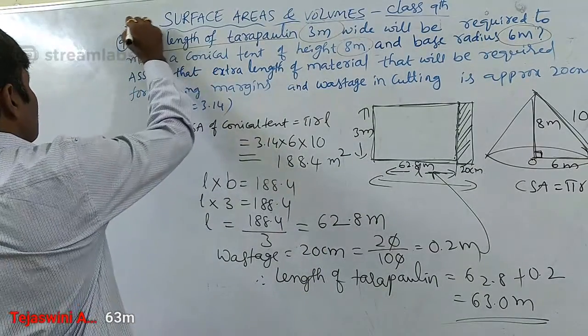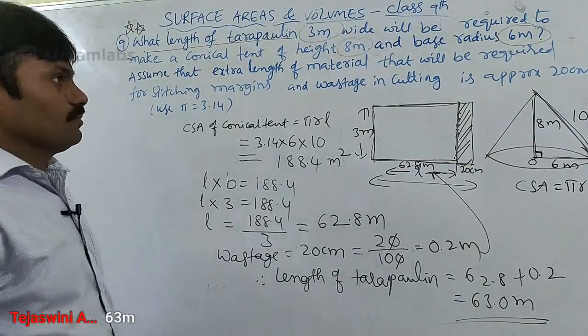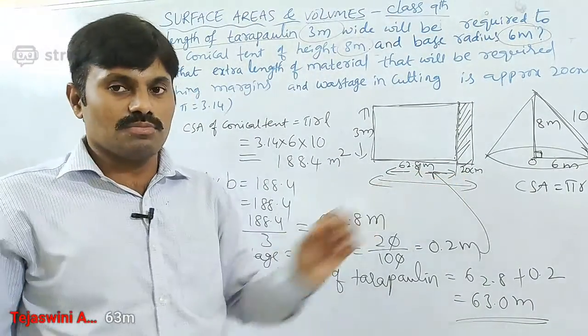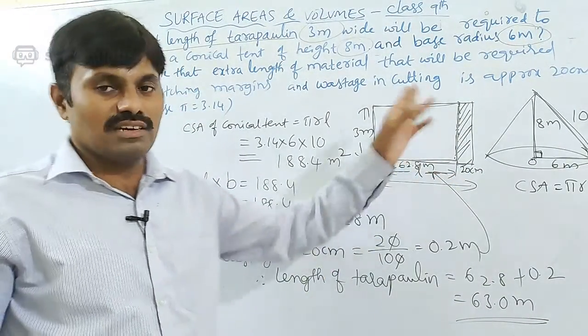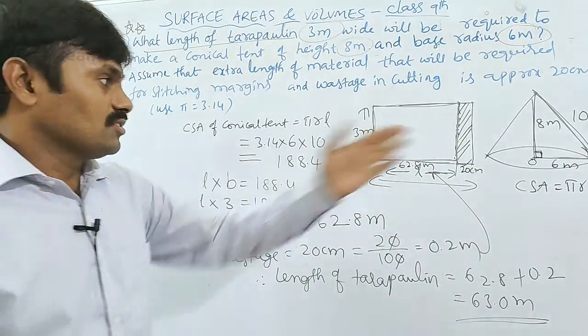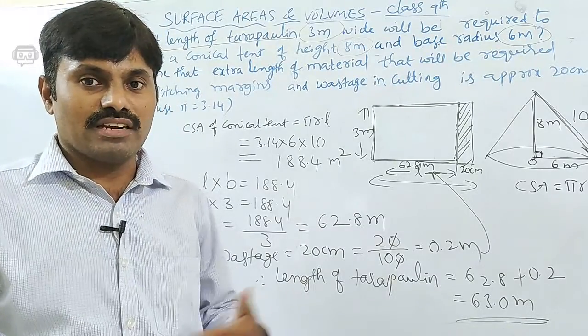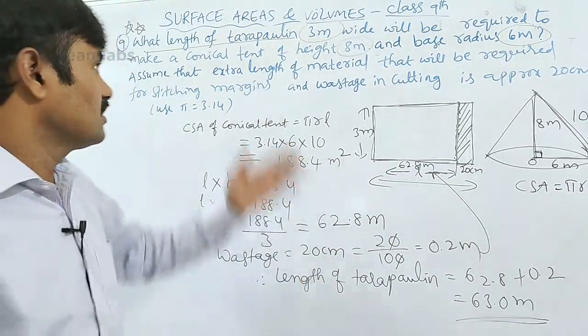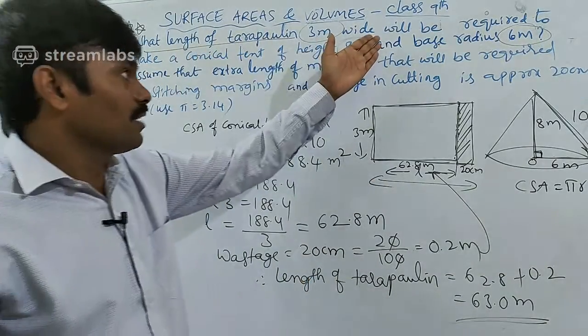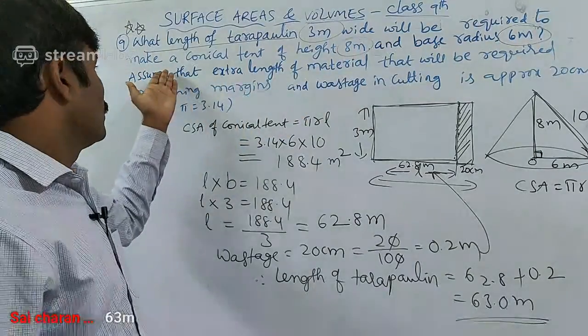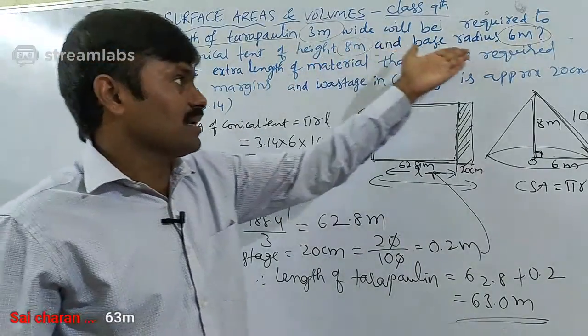So this is the way we have to find this solution. For the solution of this problem, it is the most selected one, because there is even a small twist: the wastage of this tarpaulin is also given, and they ask us to find the final length of the tarpaulin. What length of tarpaulin 3 meters wide will be required to make a conical tent of height 8 meters and base radius 6 meters?